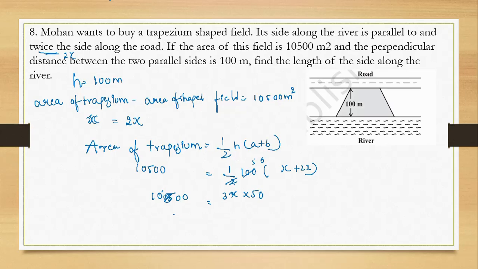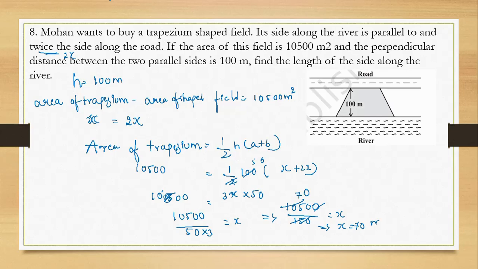Then 10,500 by 50 into 3 is equal to x. Then 10,500 divided by 150 is equal to x. The zeros get cancelled. 15 7 is 105 and this is 0. X is equal to 70.